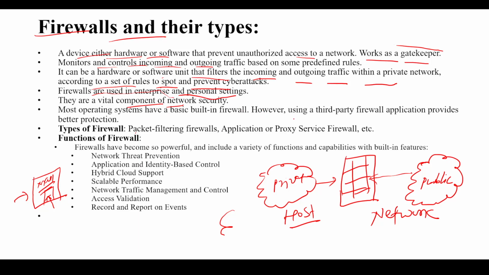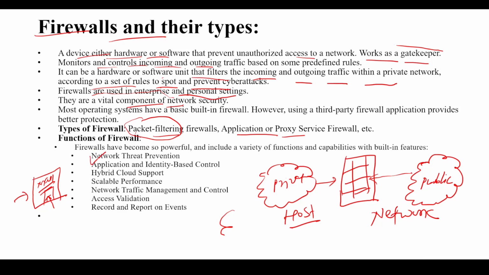Anyway, the main two types of firewalls are packet filtering firewalls and application or proxy service firewalls. Before proceeding with packet filtering firewalls, we will see the functions, that is, what role a firewall is doing.